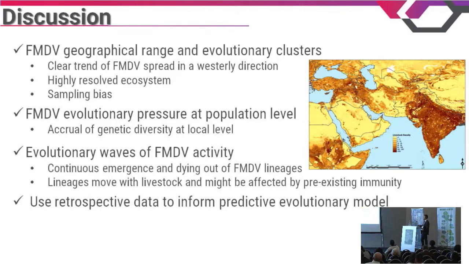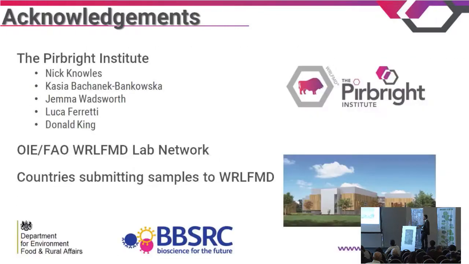This kind of data is used in a retrospective analysis, but can also inform a predictive evolutionary model to understand which lineages can occur in a timely manner. And I would like to acknowledge all my colleagues in Pirbright and all the laboratory network that provided the samples to us for doing this work.